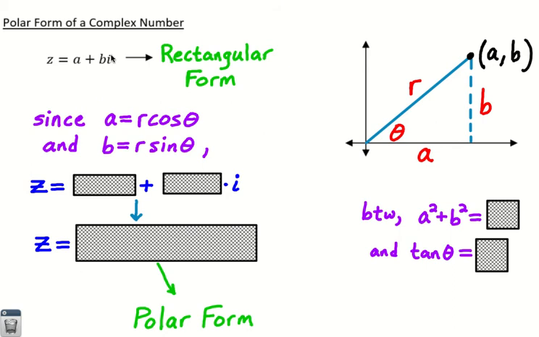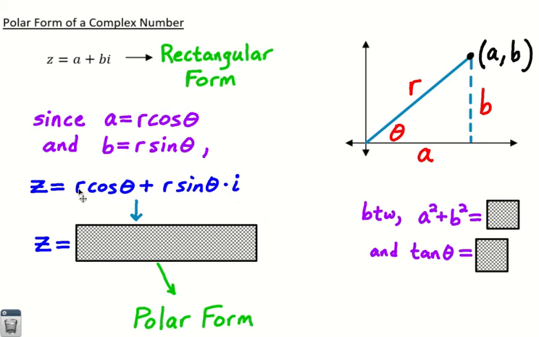Which means A is R cosine, and the B over here, BI, the B is R sine. So this would be like saying A plus BI. And so, just like that, something that was in rectangular form is now in polar form.